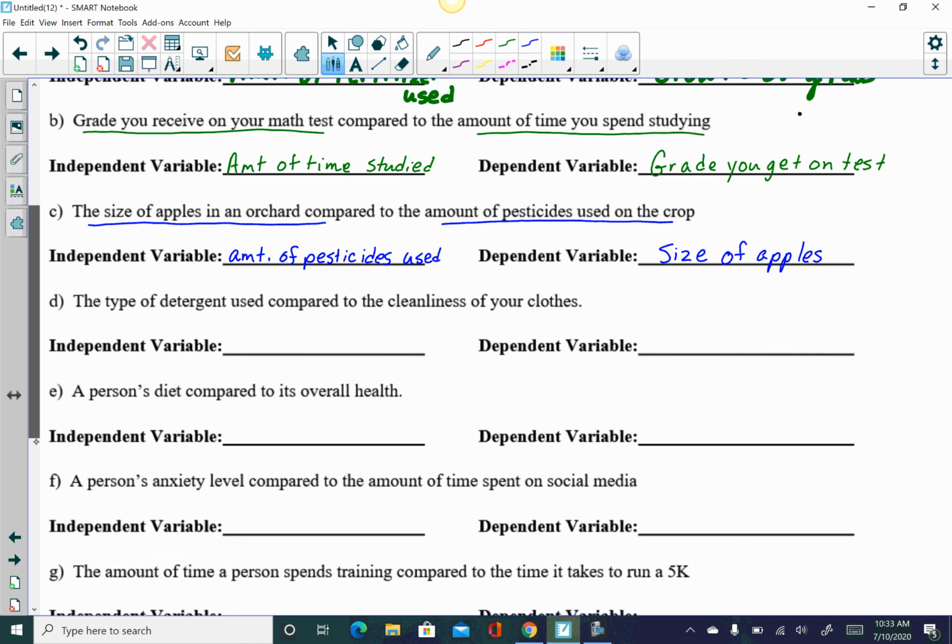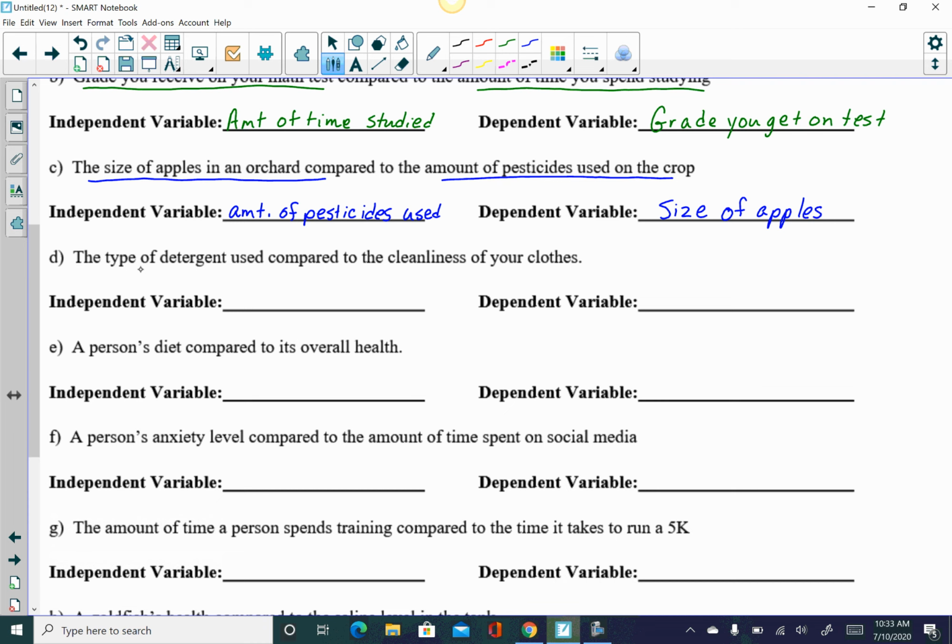And let's look at one more together. In letter D, the type of detergent used compared to the cleanliness of your clothes. So you would agree here that the cleanliness of your clothes would be dependent upon the type of detergent you used.